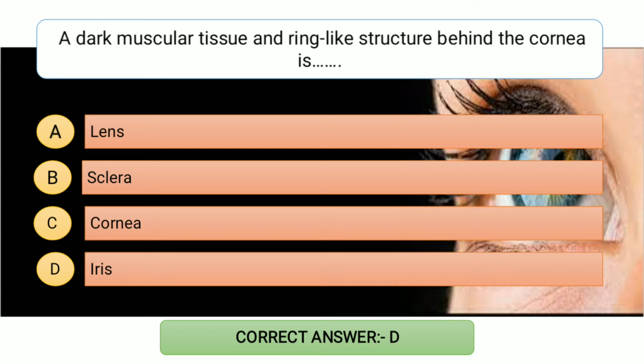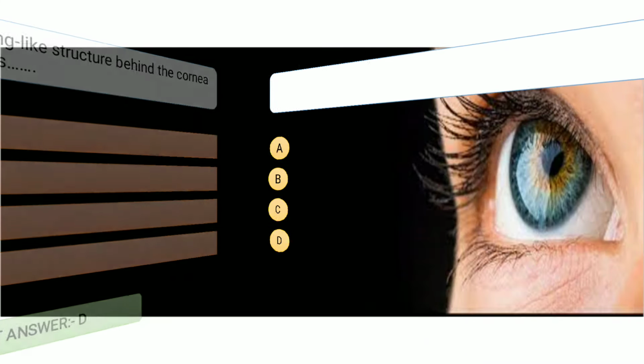So iris is a dark muscular tissue and a ring-like structure present behind the cornea, and the color of the iris actually indicates the color of the eyes. Also, the iris helps in regulating or adjusting exposure. Then moving to the next question.